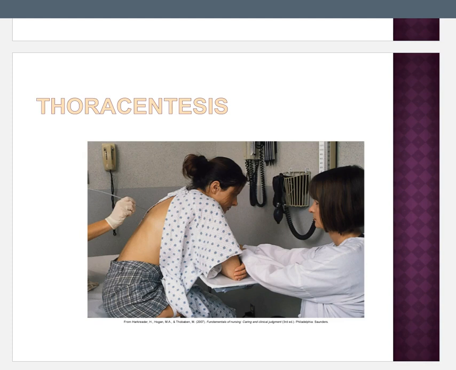You definitely need to document the procedure and then send specimens to the lab correctly. And that's really important. Don't leave them sitting on a counter and assume that the secretary or another nurse is going to take it down. It's your responsibility to make sure that those specimens get down to the lab immediately.